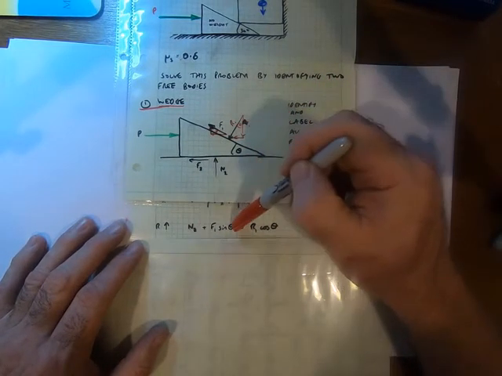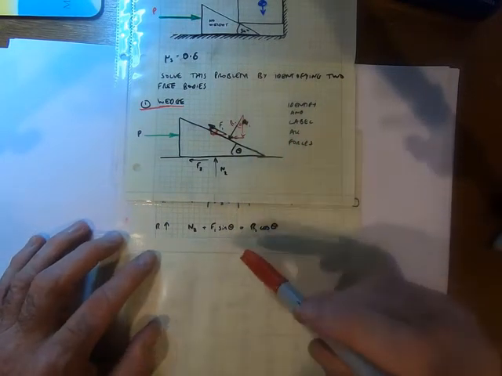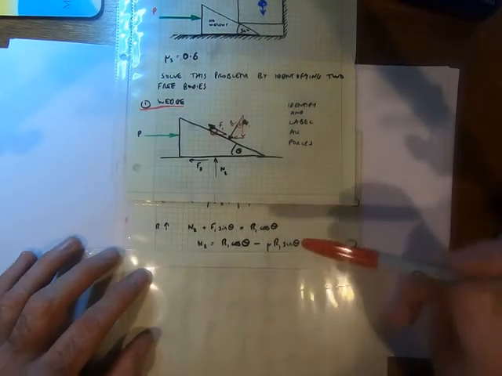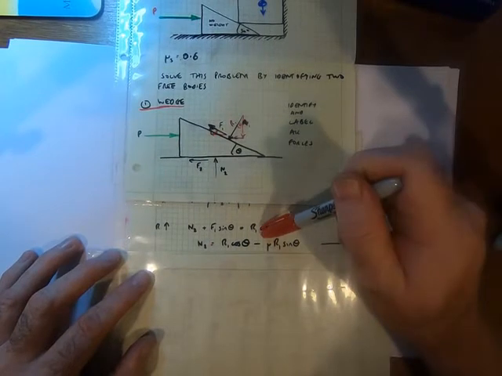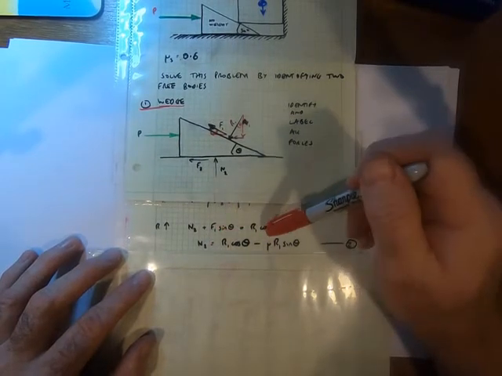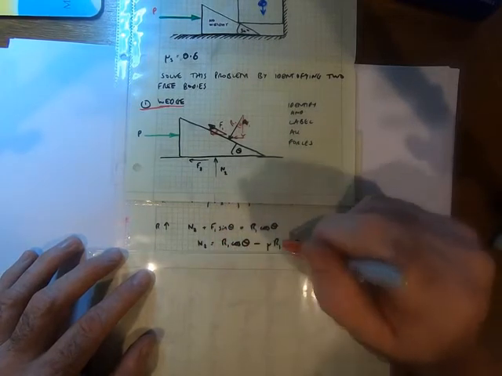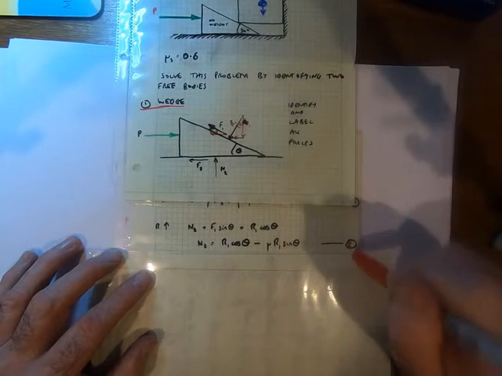So forces acting up, forces acting down, and again we can now eliminate the friction with the F equals mu N relationship, and I'm left with N2 equals R1 cos theta minus mu R1 sine theta. I'm just collecting the like terms, the R's and the thetas, on this side. So that's my equation 2. So what am I going to do next?